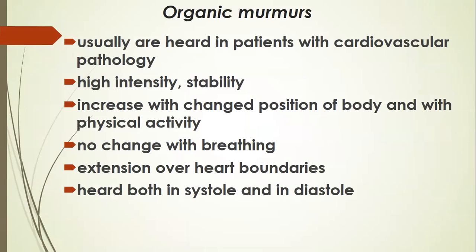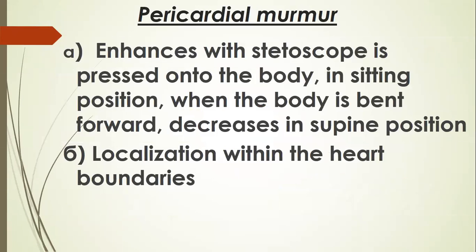Organic murmurs are usually heard in a patient with cardiovascular pathology. They have high intensity, stability, increase with change of body position and with physical activity, do not change with breathing, extend over the heart boundaries, and are heard both in systole and diastole.